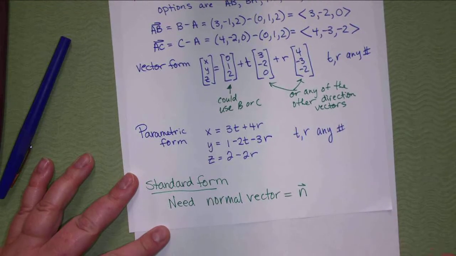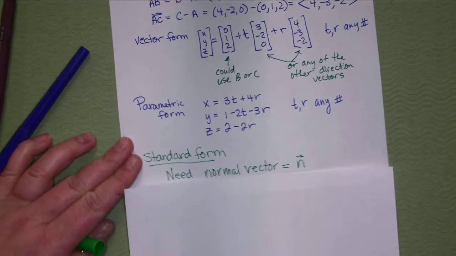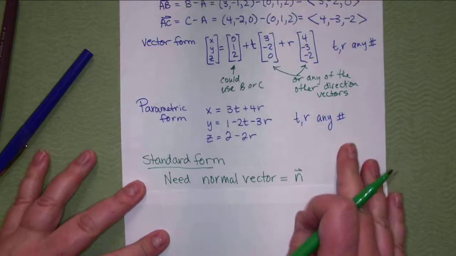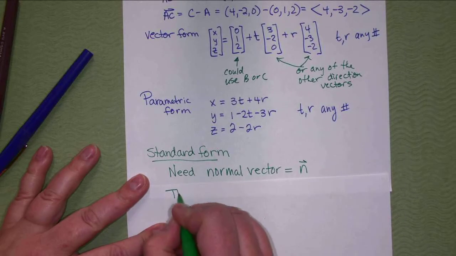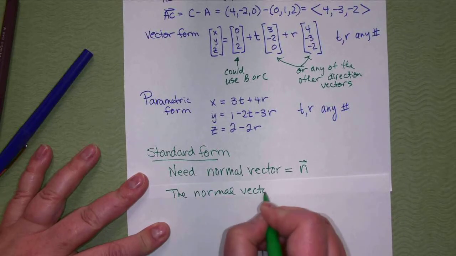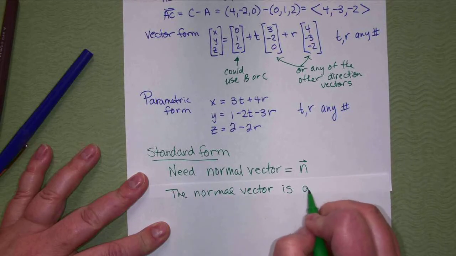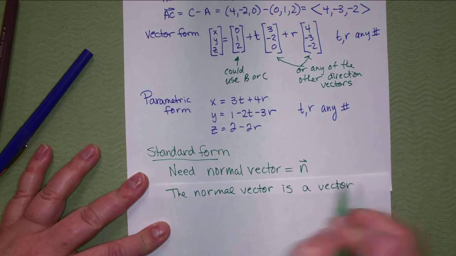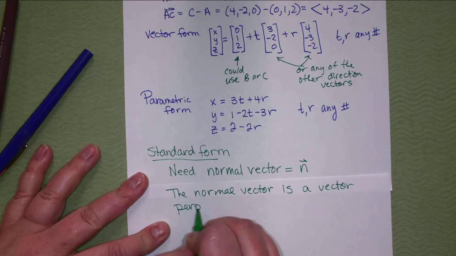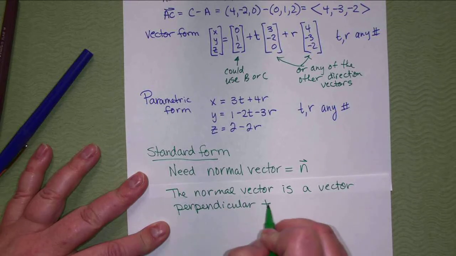In 3D, it's an N for normal. And the normal vector is a vector perpendicular to the plane.